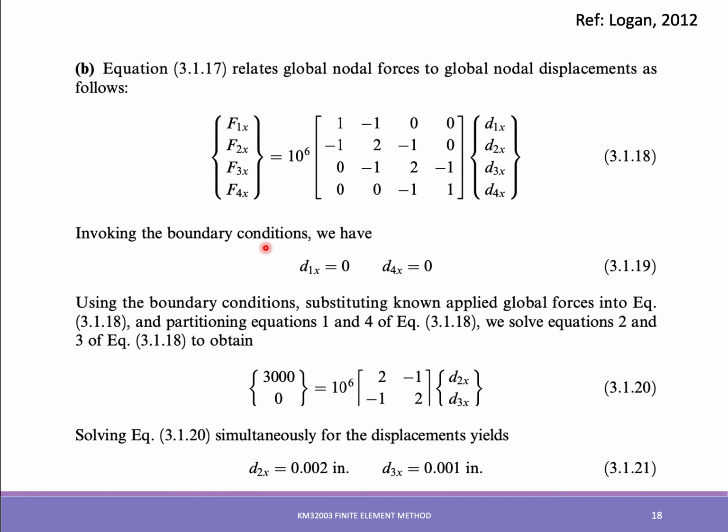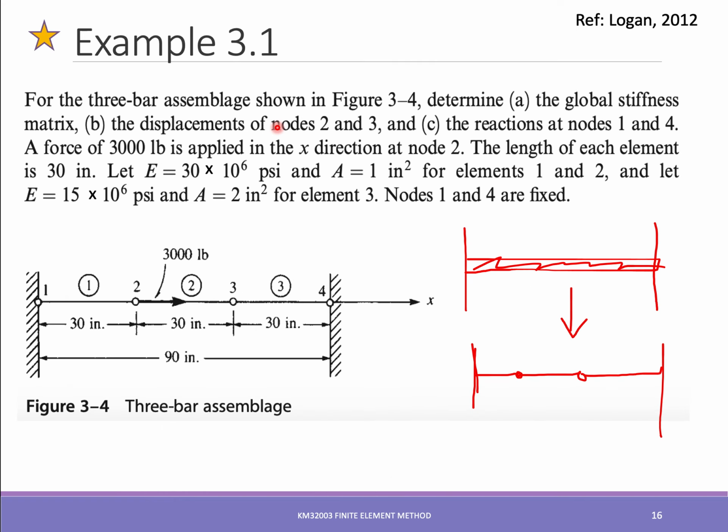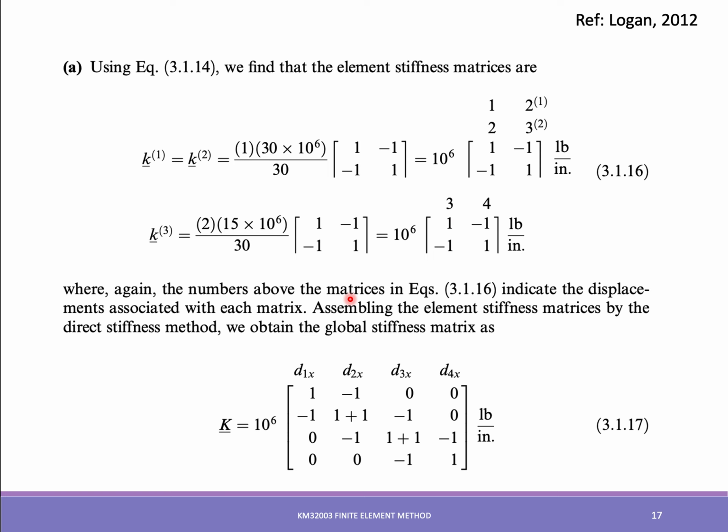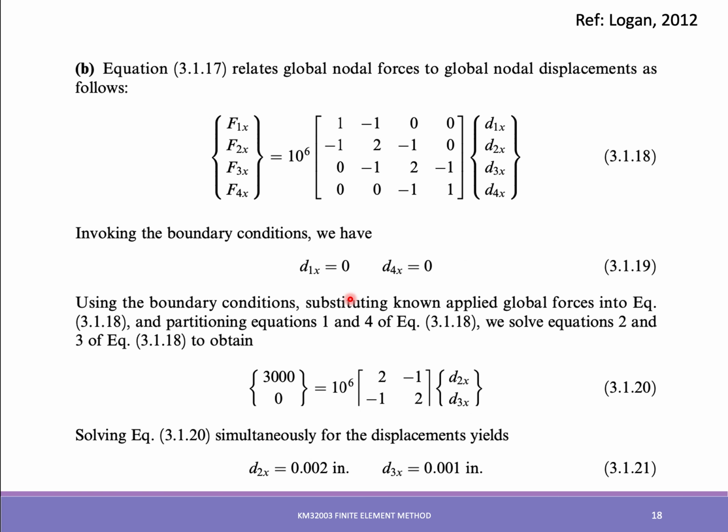Once we get that, what we need to do next is assign the boundary conditions. In this case, since we have two walls fixing the positions of node number 1 and number 4, therefore D1 and D4 should be equal to 0.